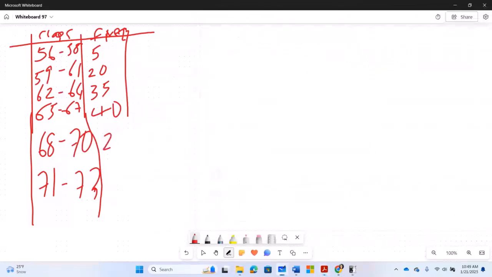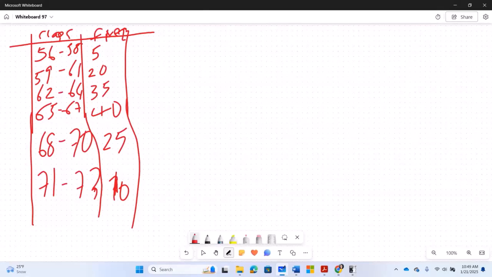So this is 25, this is 10. Okay, so I am recreating the frequency table of the histogram given to me. By the way, these are numbers of students.